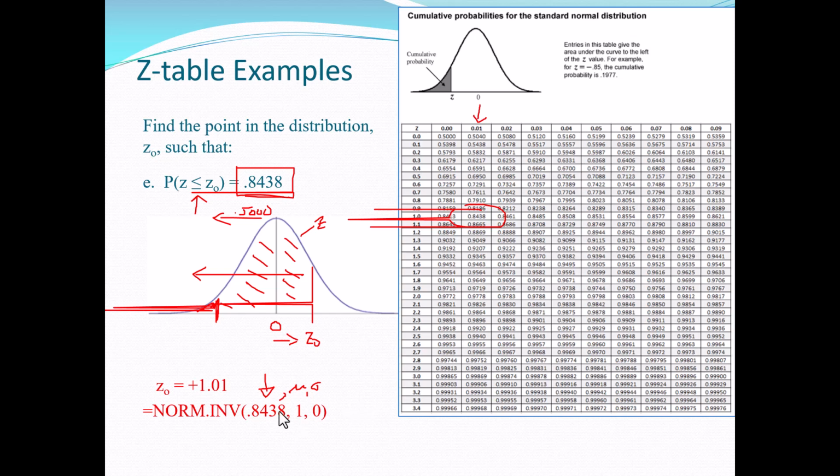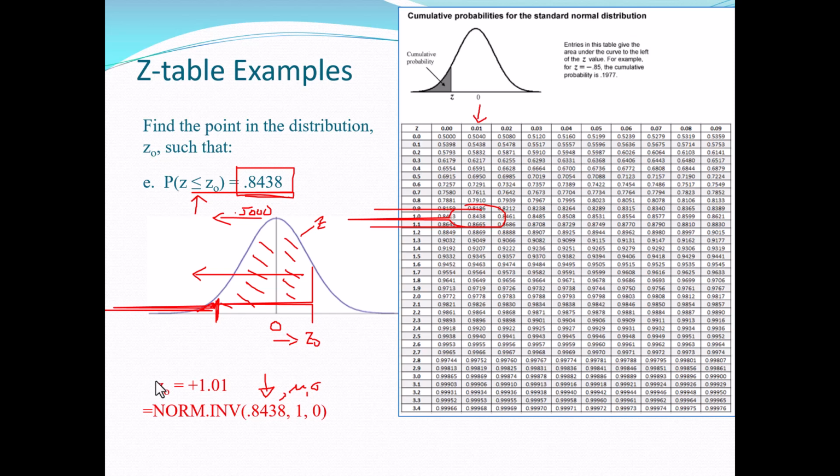When you do equals norm.inv, open the parenthesis, put 0.8438, comma 1, comma 0, close the parenthesis and hit enter, it's going to give you a value of 1.01. Actually it gives you 1.09994, to crazy decimal places. You can get the same exact information using the normal inverse function that you can using the cumulative probability table, the z-table.